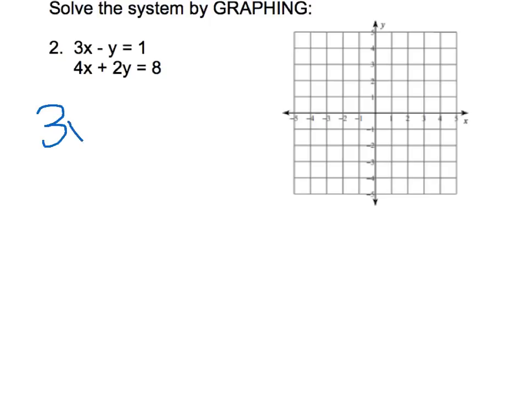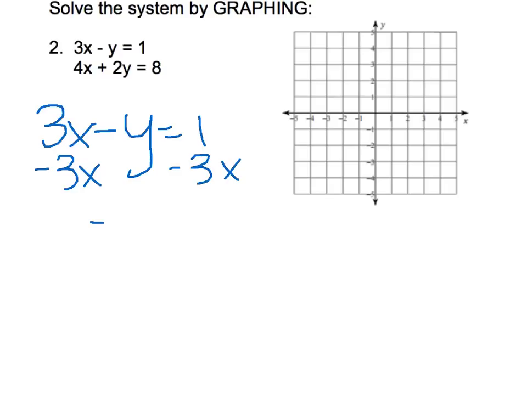So I'm going to rewrite the first equation, and I'm going to solve for y. So I'm going to subtract 3x from both sides, and I'm going to get negative y equals negative 3x plus 1. Now, if you notice, y is still not by itself because it's got this negative. So if you remember from when we were doing a lot of work with algebra, we said that if there's a negative in front of a variable, it's really negative 1.